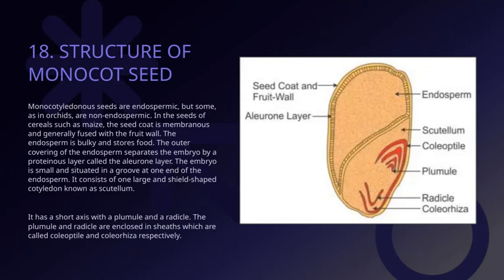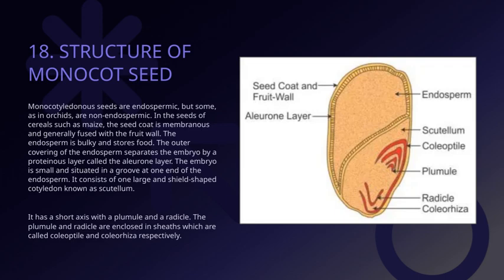Let's take a closer look at the structure of a typical monocot seed. It has a short axis with a plumule at one end and a radicle at the other. The plumule is the part that will develop into the shoot, while the radicle becomes the root. These are enclosed in protective sheaths called the coleoptile for the plumule and the coleorhiza for the radicle.